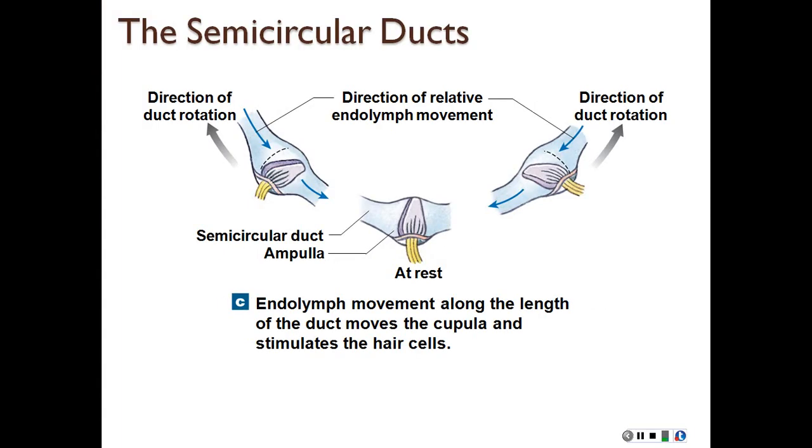And there's material inside of those components of the ear called endolymph. Endolymph movement along the length of the duct stimulates the hair cells, and it's the stimulation of the hair cells that activates receptors.